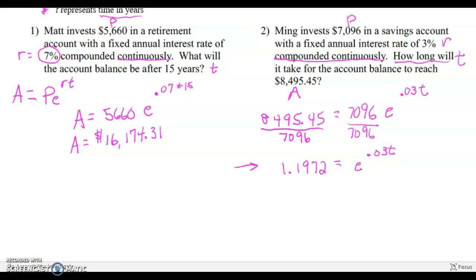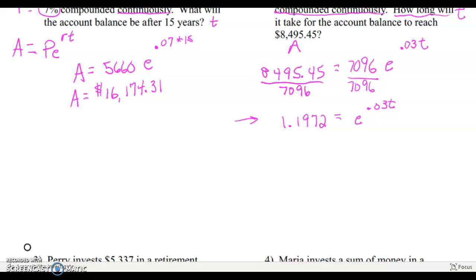This is where we're going to take it and write it in log form at this point. So this is going to be natural log, our base e, which is understood. You don't have to put it in the base. Logarithms are equal to the exponent, so 0.03t, and this number, the answer, goes right here, 1.1972.